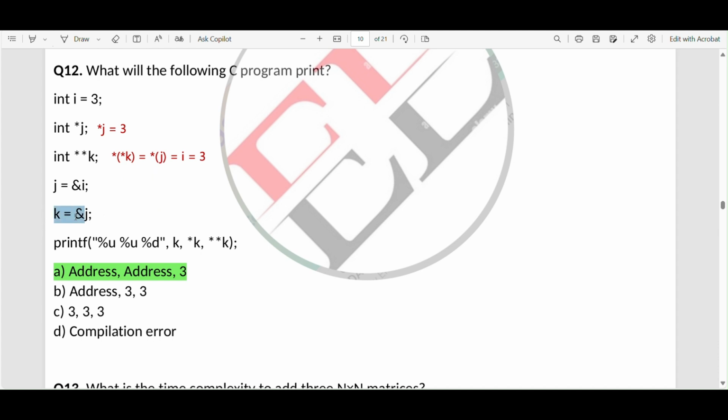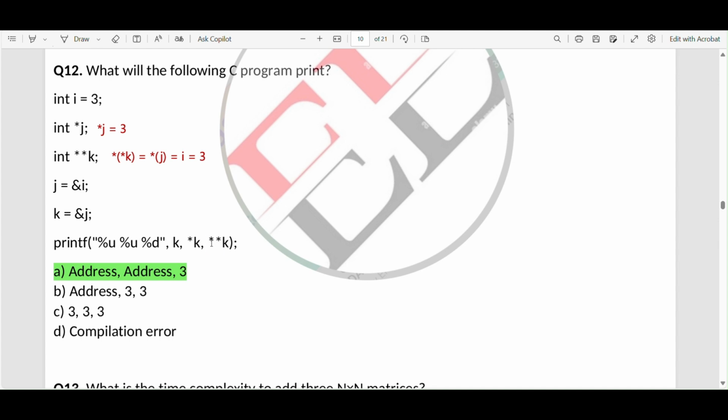When you see this line here, value at k would be j. So j is also an address, as you see here. So here also we'll be printing an address. When you verify with the options, in the second option only a has an address, so definitely it would be correct, but I am solving it without options.